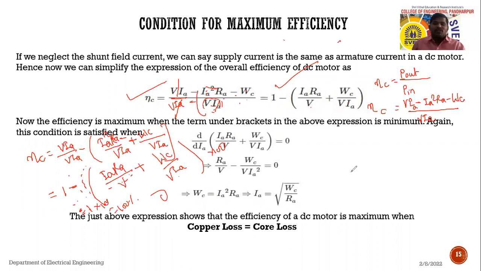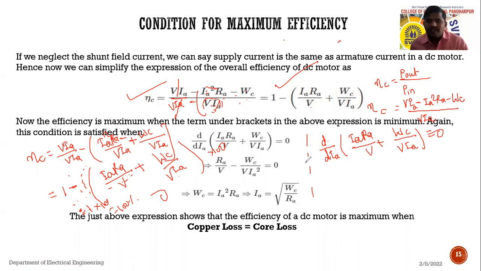So if we differentiate this term with respect to IA, d upon dIA of IA RA divided by V plus WC divided by V into IA, it is equal to 0. When this term is 0, the efficiency is maximum. I want to calculate the condition under which the efficiency is maximum.